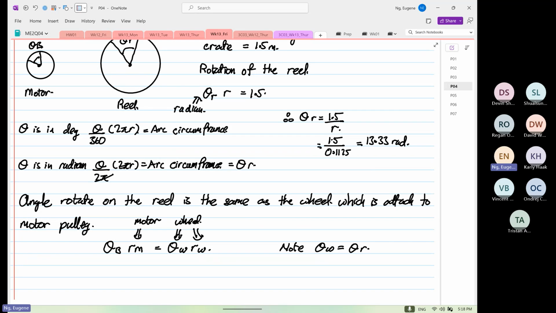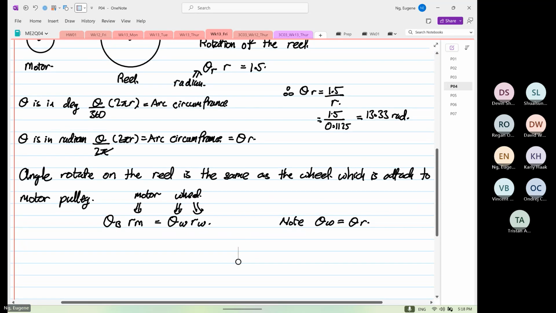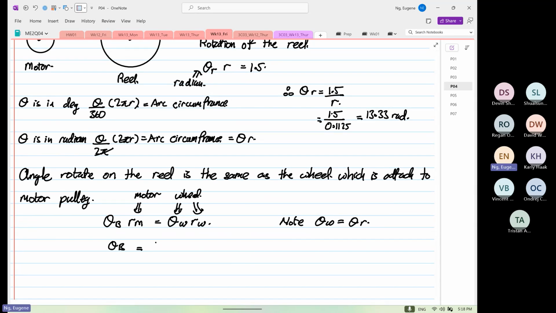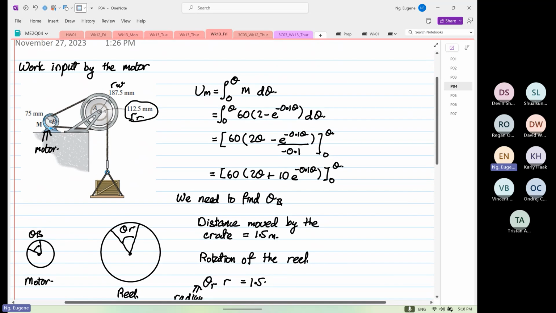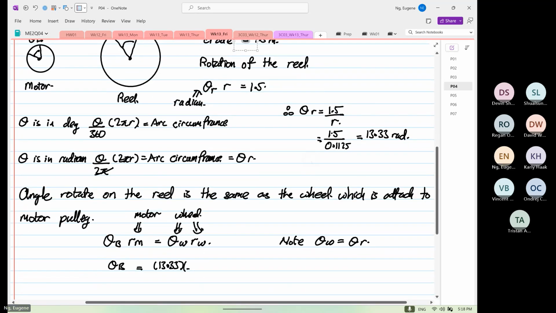So from here, theta B will be equal to 13.33. Now you have to look at the radius of the wheel is 0.1875.